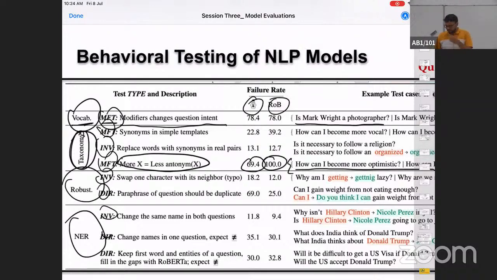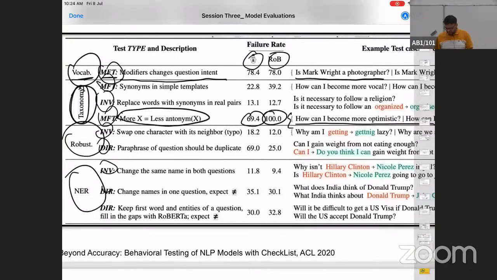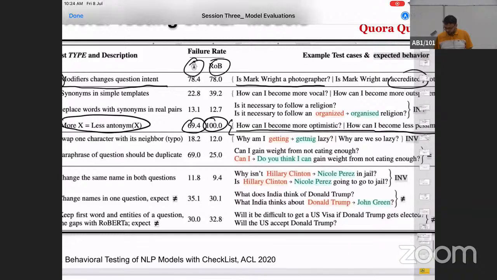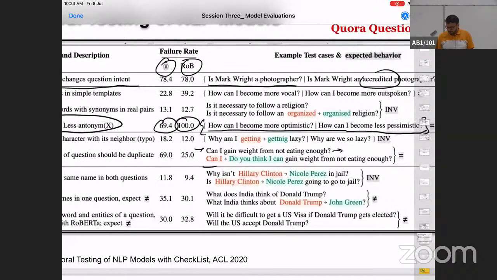Okay, so similar to this one, there is robustness also. For example, suppose you have a question like this: can I gain weight from not eating enough? You can replace "can I" with, do you think I can gain weight from not eating enough? Are these two questions same? Right, these two questions are same.